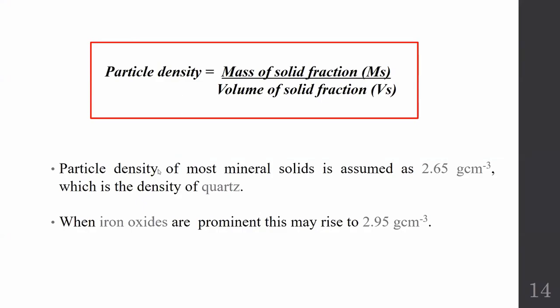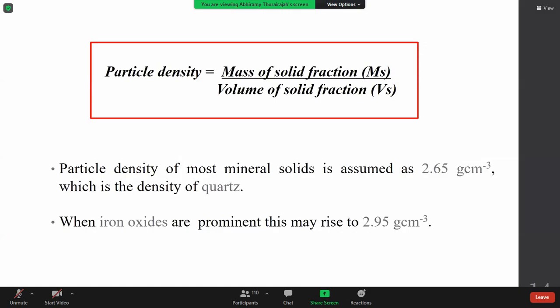What is the assumed value of the particle density in most mineral solids? 2.65 gram per cubic centimeter. If iron oxides are available in the solids, what is the amount? 2.9. Yes.